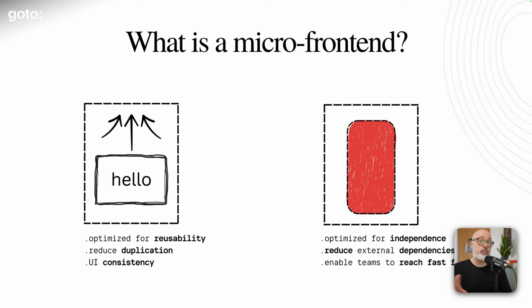Now, a Micro-Frontend has a completely different goal. A Micro-Frontend is designed for, optimized for independence, independence of the team as well, because in a distributed system we want the teams to communicate less with each other. So we have a faster flow to reach production. They can test more often and more quickly. They can reduce external dependencies, not eliminate them, because obviously it's inevitable that certain things will be shared.